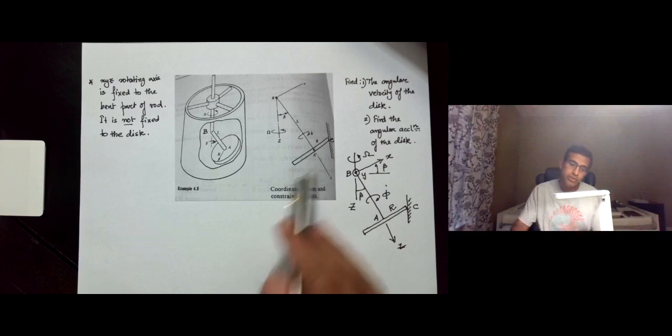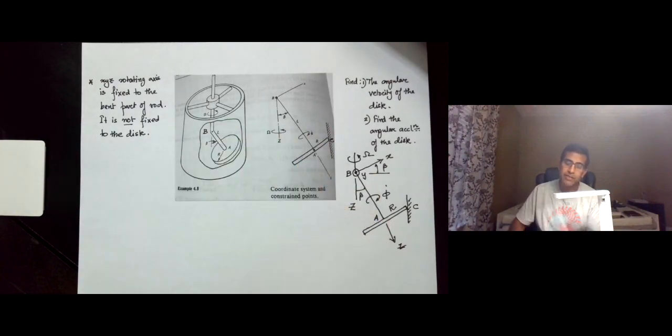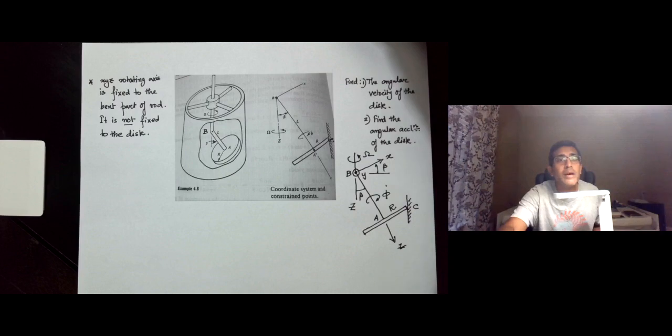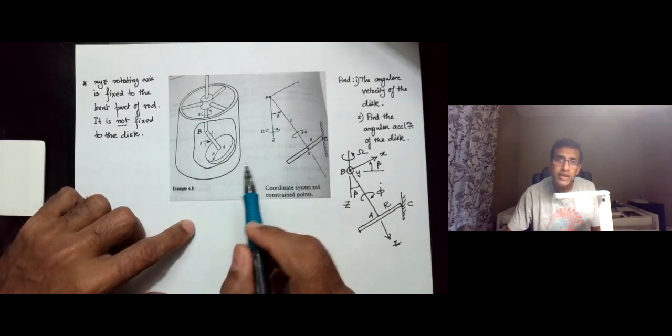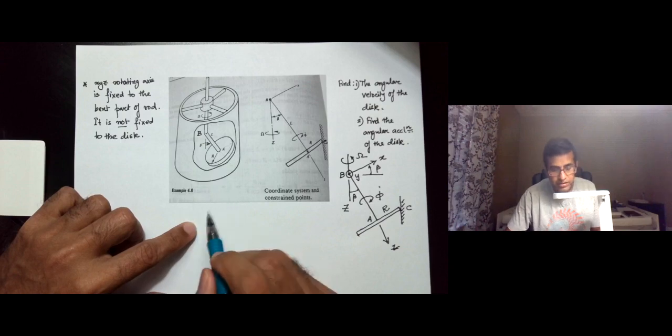Okay, so how do we deduce from this definition that the small xyz is not fixed to the disk?